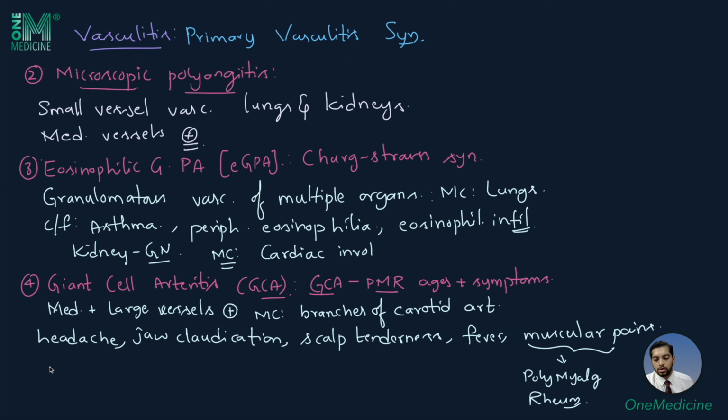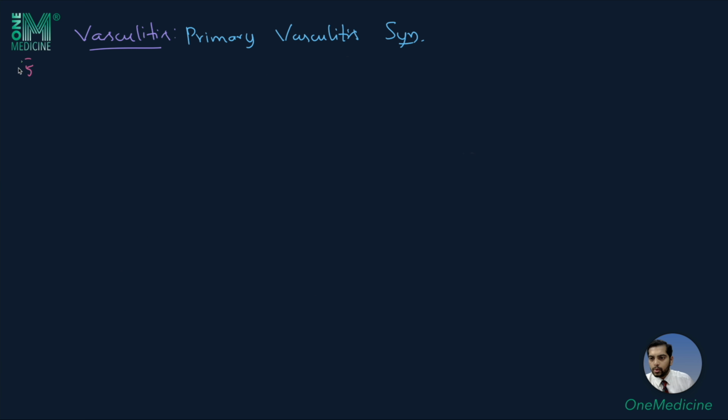An important complication of GCA is sudden loss of vision if optic artery is involved. So identifying the disease and treating it early in its stages can lead to prevention of blindness in such patients.